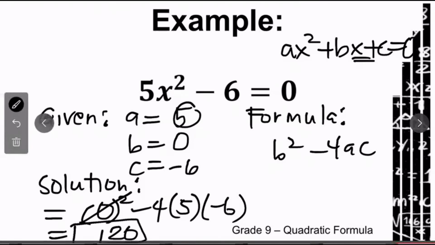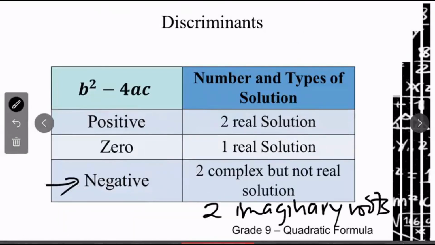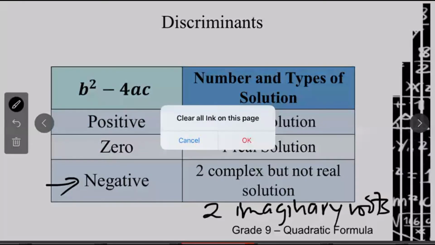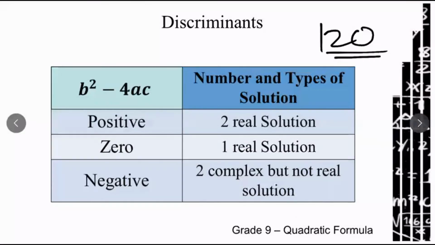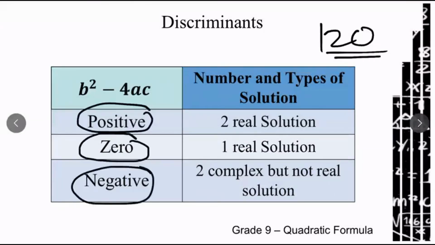So going back in our table, sabi doon, ang discriminant natin ay we have 120. Saan kaya siya magpo-fall? Is it positive, 0 ba siya or negative? So 120 is positive.